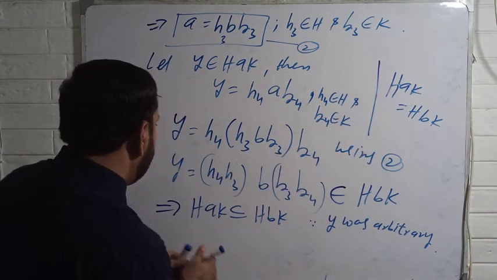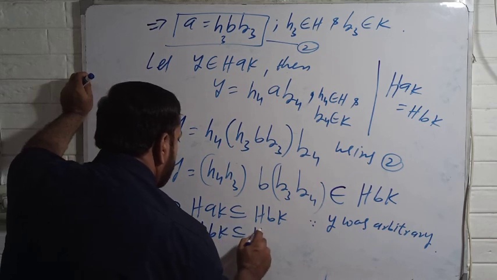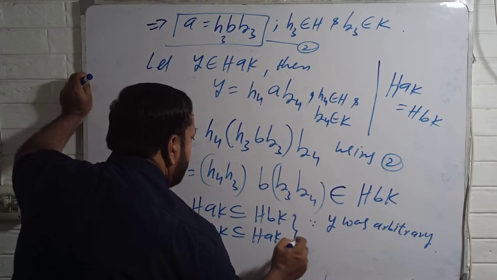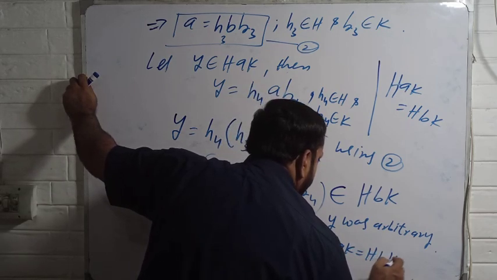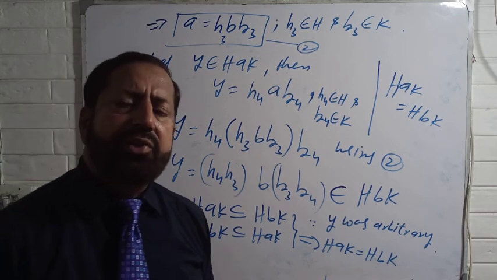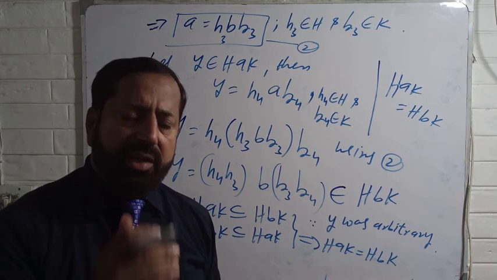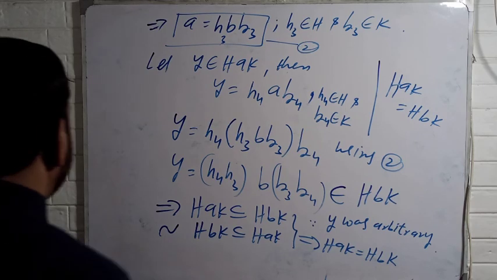So similarly I can show that HBK is a subset of HAK, and both imply that HAK is equal to HBK, which is a contradiction against the fact that HAK and HBK were distinct. Okay, this is clearly a contradiction.